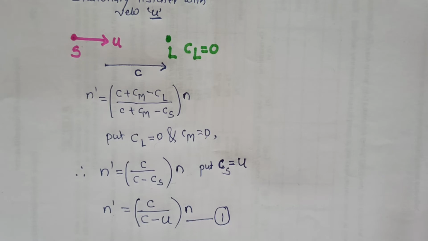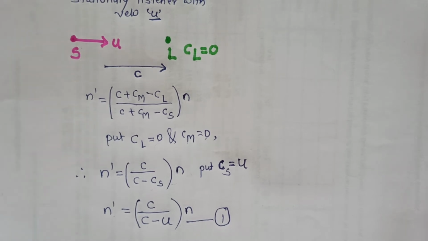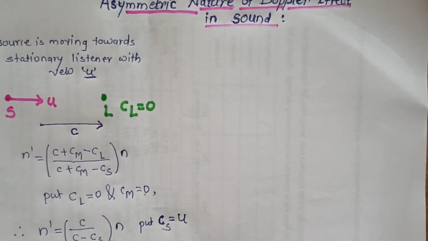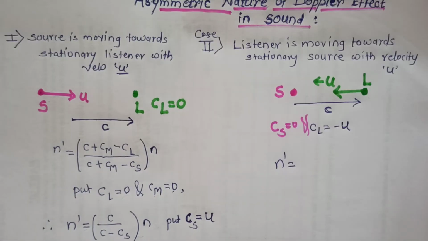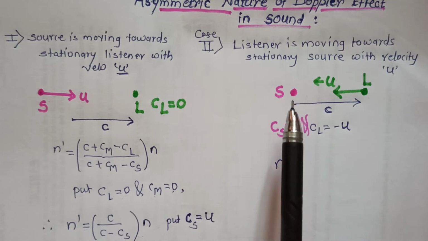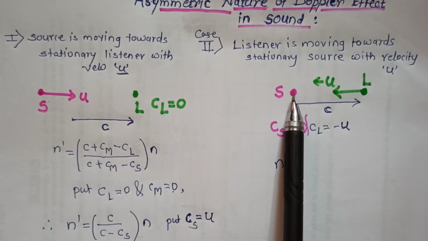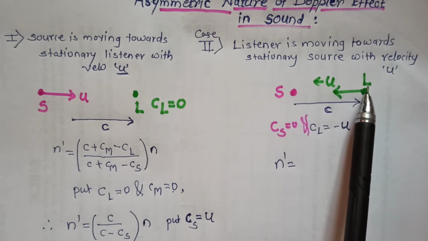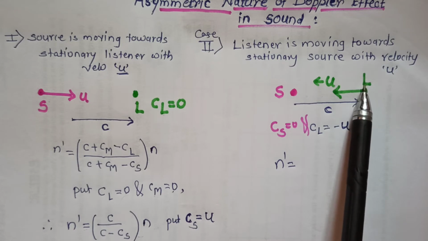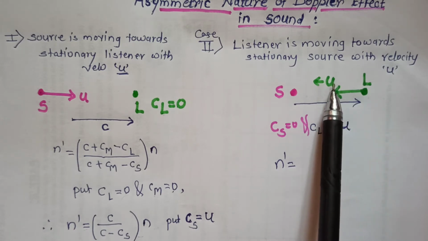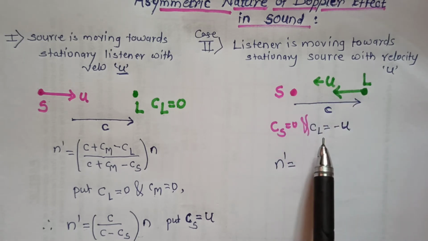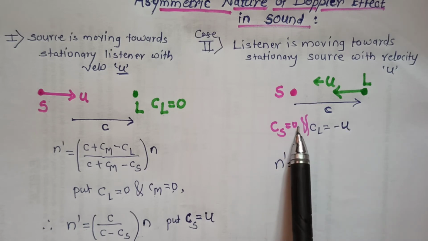Another case for showing asymmetric nature of Doppler effect in sound is: source is stationary, listener is moving towards the source. The velocity of listener CL is equal to minus u, the direction is towards the source, so its value is negative. CL is equal to minus u, Cs is equal to 0.